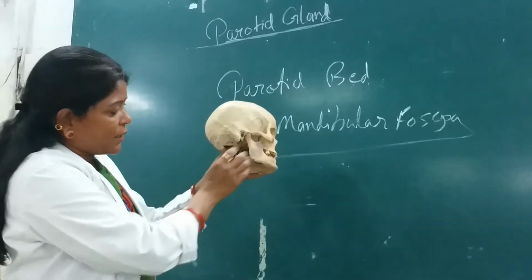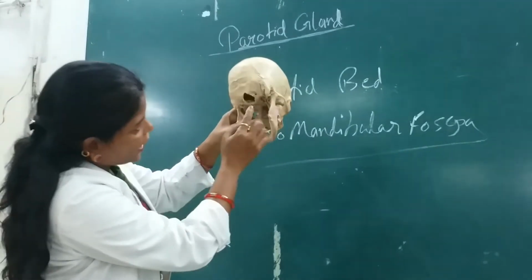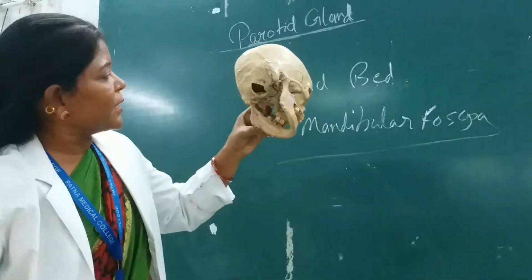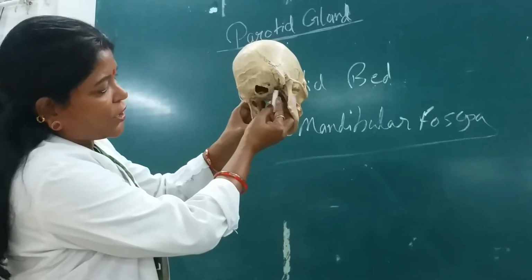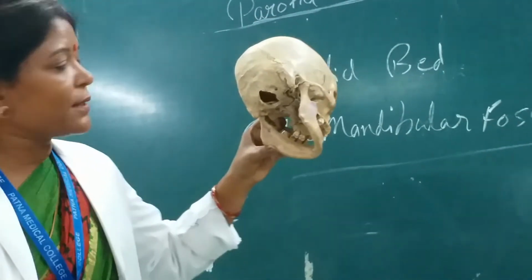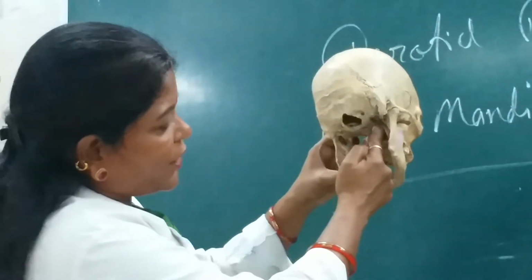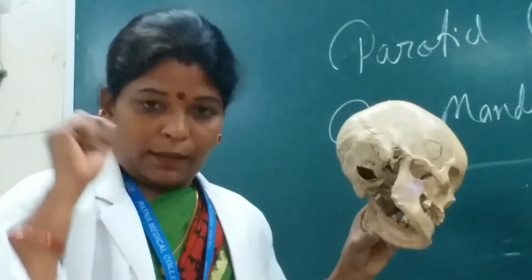The medial limitation, you can see here, there is no styloid process here, it is broken. It is a 2.5 centimeter elongated structure which is known as the styloid process. So the medial boundary is the styloid process of which bone? The temporal bone.